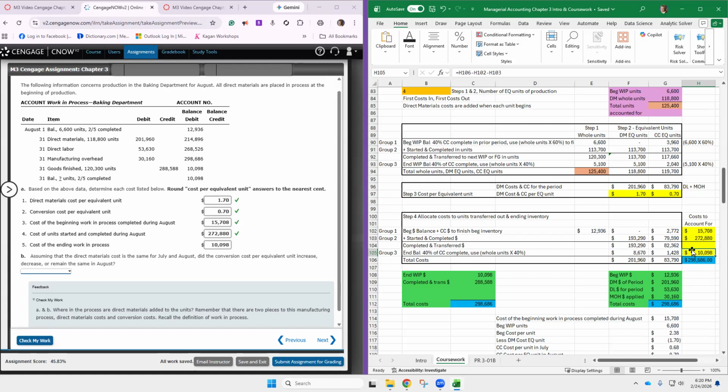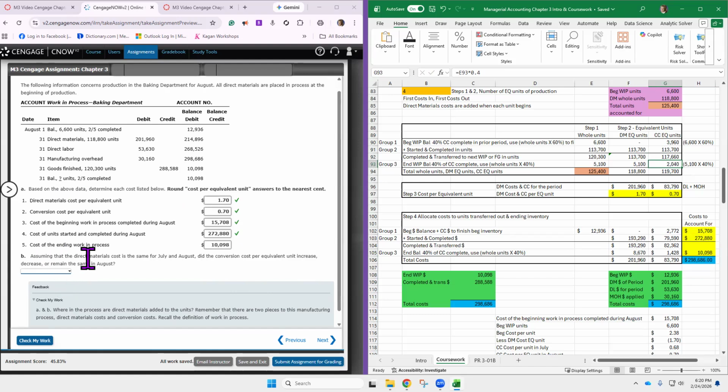How you find that is you take your total and subtract these two, and then you should get your ending. But they gave us the ending balance. We just didn't know how many. How many is 5,100, and 5,100 times 40% is 2,040 in equivalent units.